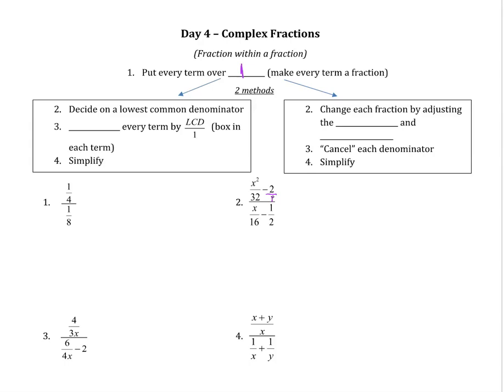Now what I'm going to do is change each fraction by adjusting the numerator and denominator. And once I have the same denominators, I can cancel each denominator and simplify. Okay, so I'm going to focus on doing just number 2 here.